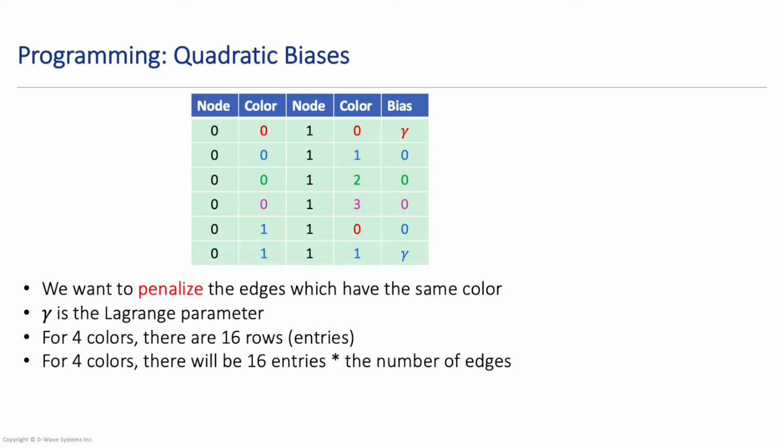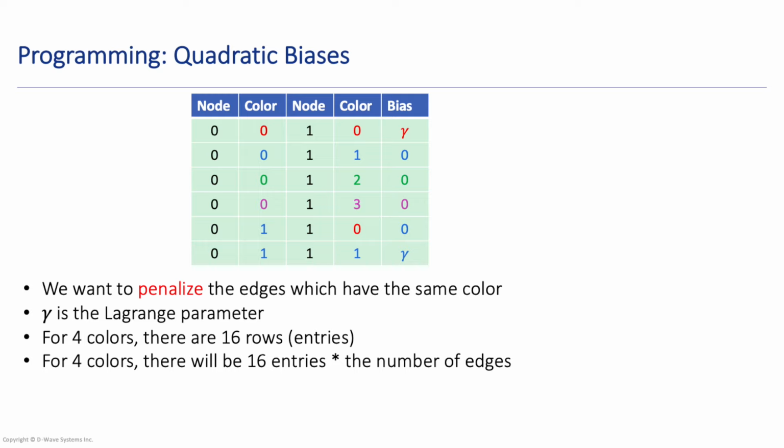So here's the table of quadratic biases that we're going to set. You can see that we basically have to consider all pairs of nodes that are edges. So the first edge in the graph, if you like, is from 0 to 1, and I've shown that here. I've shown some of the combinations. If you think about it, remember that each node can have 4 colors, so there's 16 combinations.